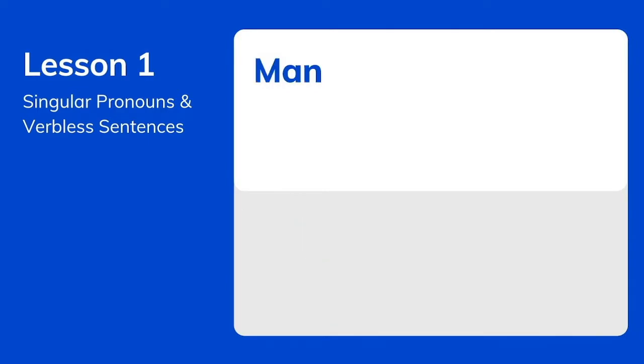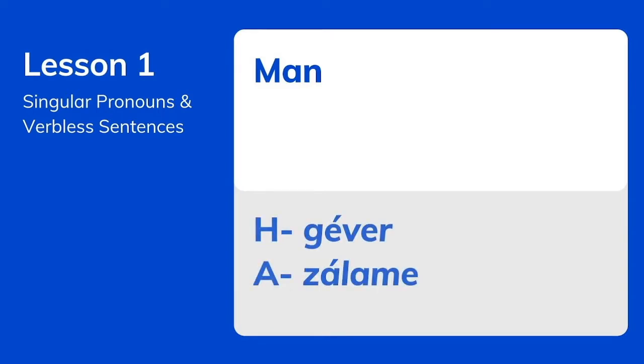All right, now let's make some sentences with these pronouns. So we'll need a few nouns. The word for man is gever in Hebrew, and in Arabic, it is zeleme.